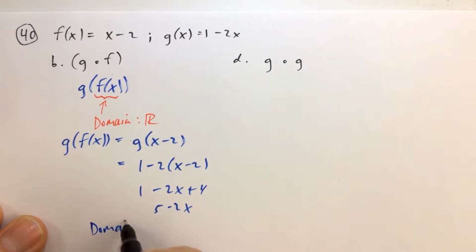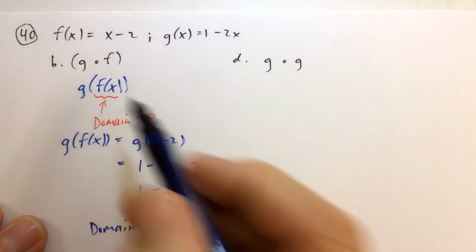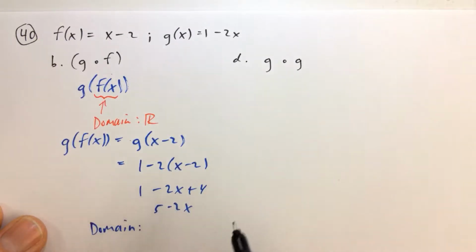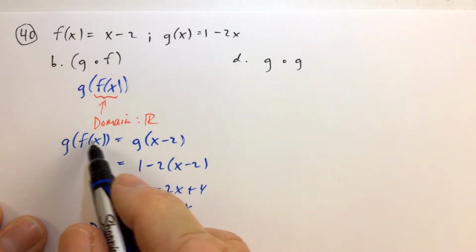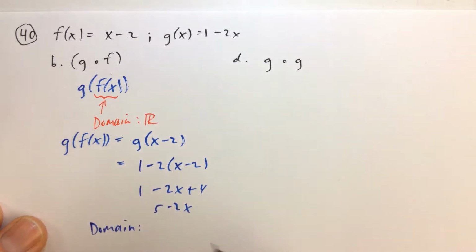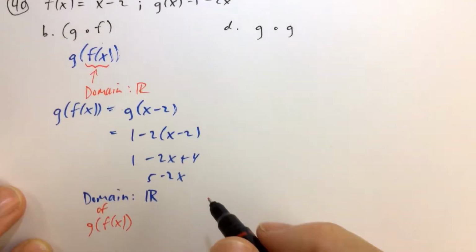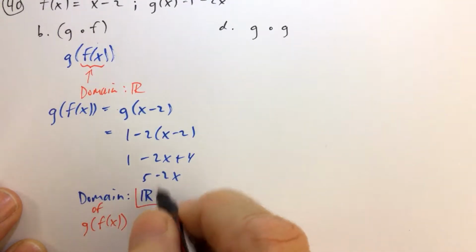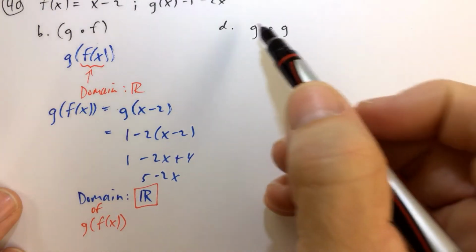So we're looking for exclusions in the inner function and then the exclusions in the outer function after plugging in the f of x as the input into the outer function. So the domain is all real numbers, and that's the domain of g of f of x. Okay, so that's that. And then let's see about g of x.